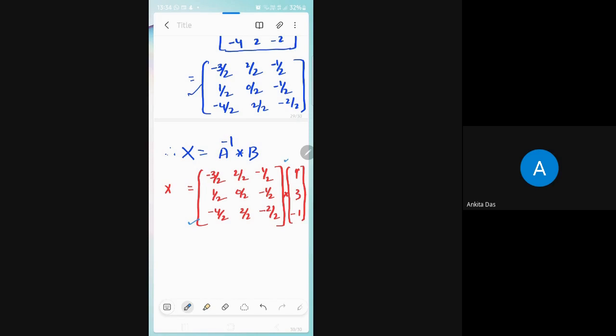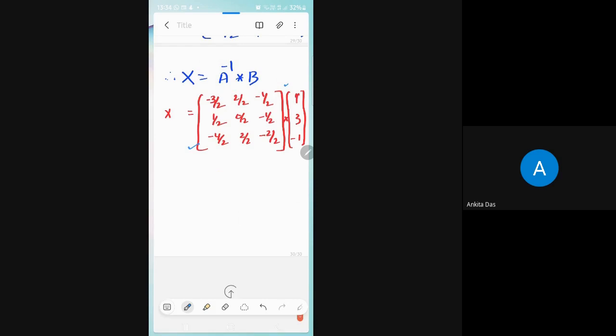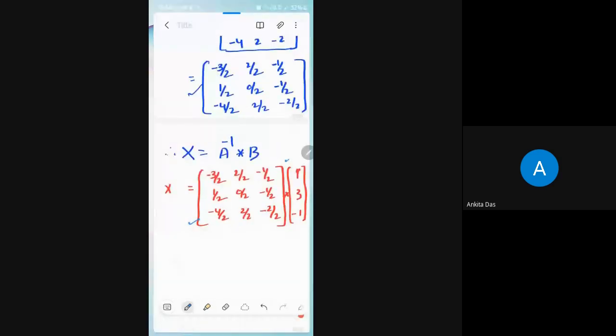Multiplication is done like this: we multiply the corresponding elements of the first row with the first column elements. First element into first element, second into second, third into third.